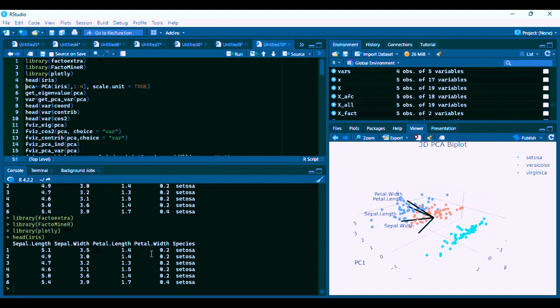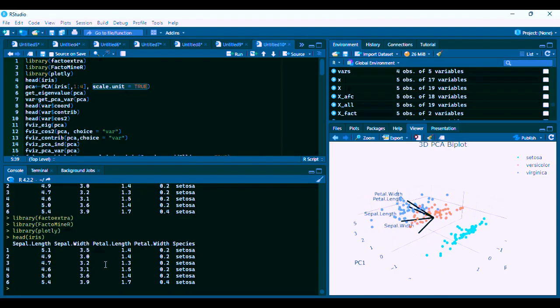The first thing we need to keep in mind is that PCA is used only on continuous variables, and it is recommended, like this argument shows, scale.unit, to standardize variables.